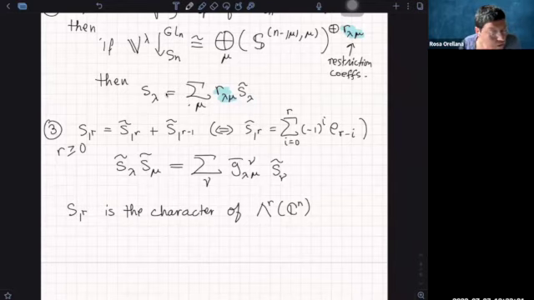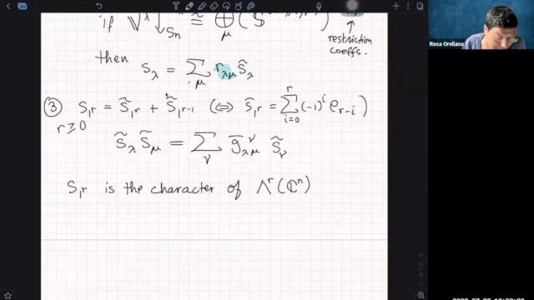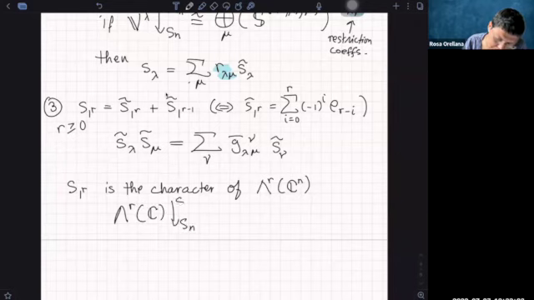When you restrict this to Sn, from GLN, it's an irreducible representation of GLN, then you actually do get the right thing.